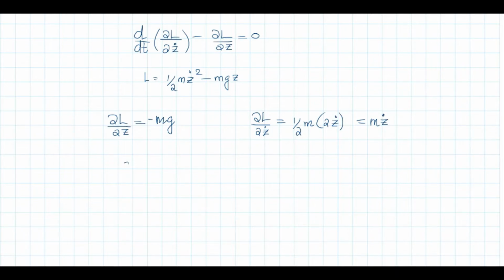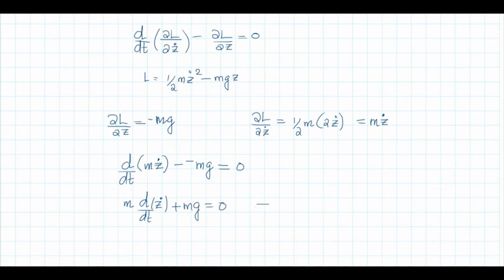Now you substitute back: d by dt of dou L by dou z dot is d by dt of mz dot, minus dou L by dou z, which is minus mg, equal to 0. Taking m outside, m d by dt of z dot plus mg equal to 0.